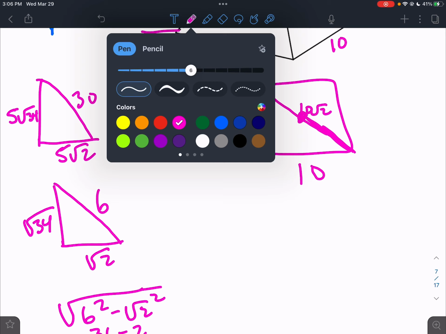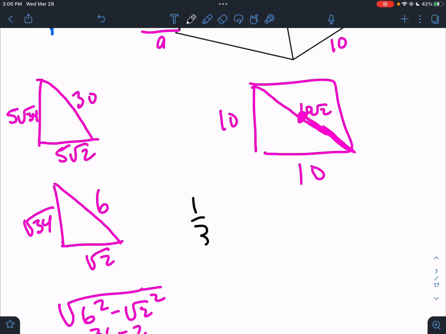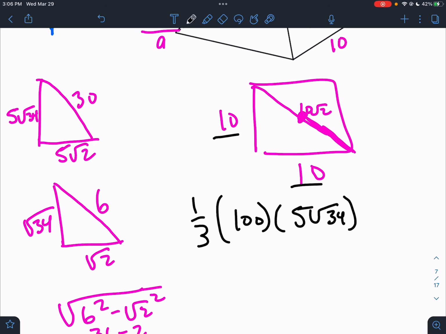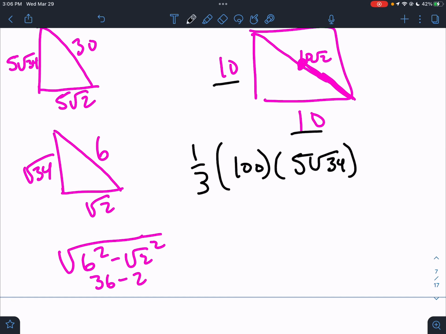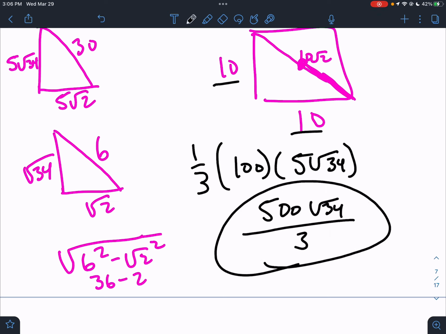So at the end of the day, this is 1/3 times the area of the base, which is 10 times 10, times the height. And nothing here is divisible by 3, so that's going to be 500 root 34 all over 3, bada bing.